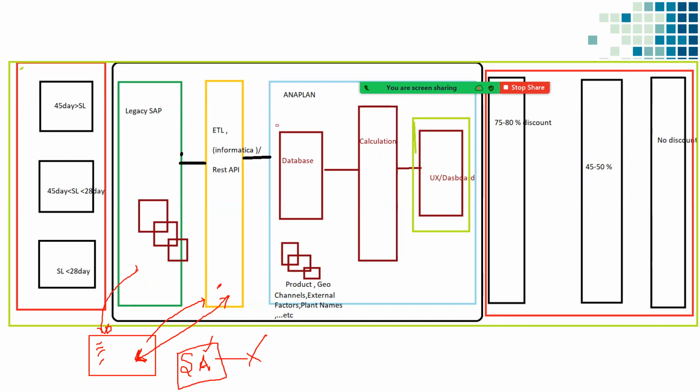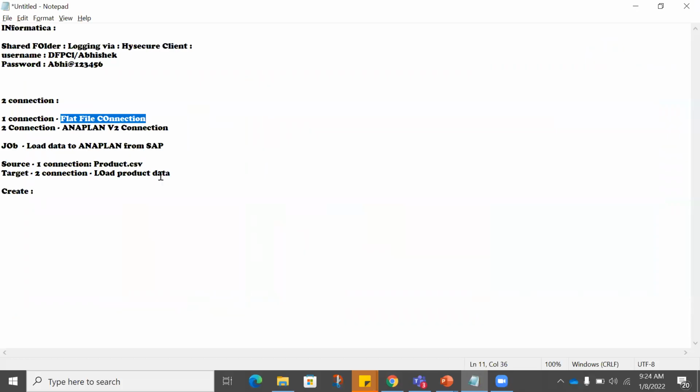Now, once you have created this, you are going to be creating two connections. The first connection will be a flat file connection. This connection will specifically allow you to choose a CSV file.